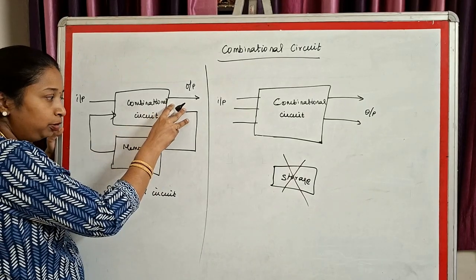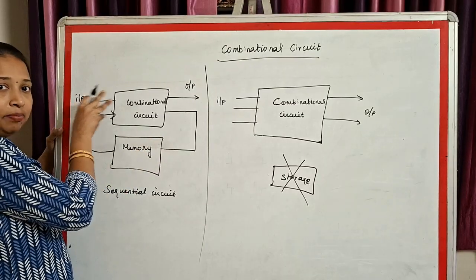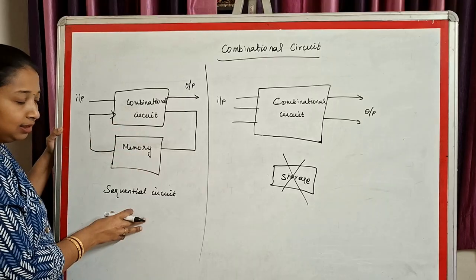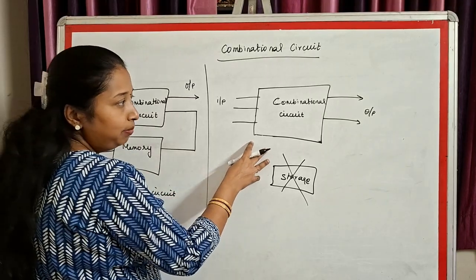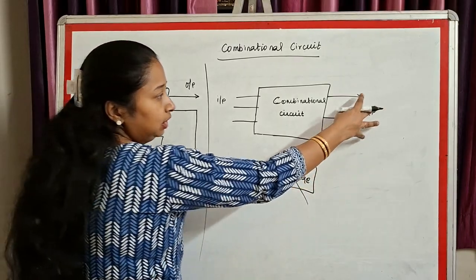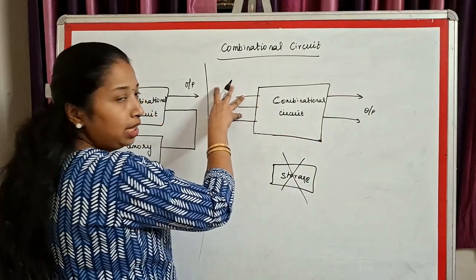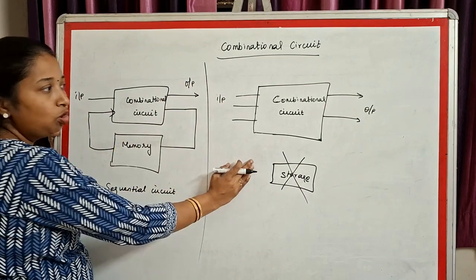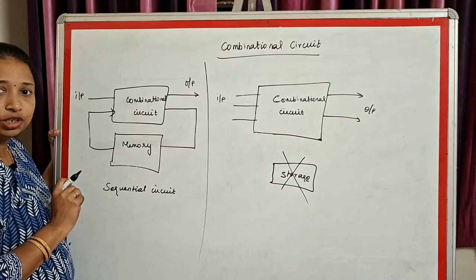A part of your output is being taken and fed back to the input. That is a sequential circuit. Whereas in a combinational circuit, there is no feedback at all. There is no memory involved. The present output is dependent on and only on the present input. Clear? That is the difference between a combinational circuit and a sequential circuit.